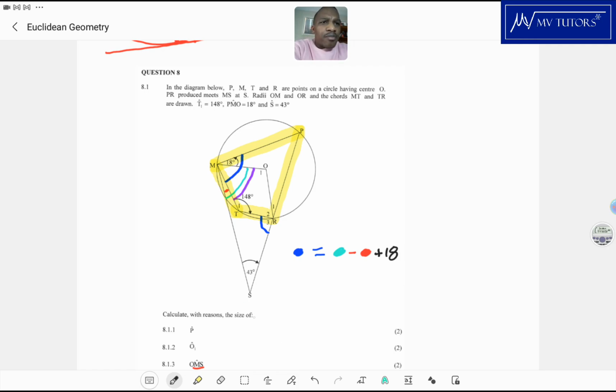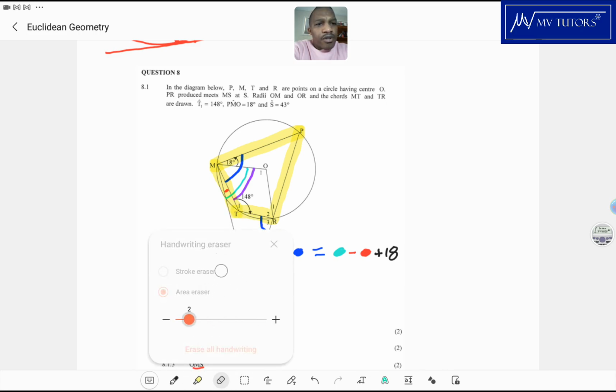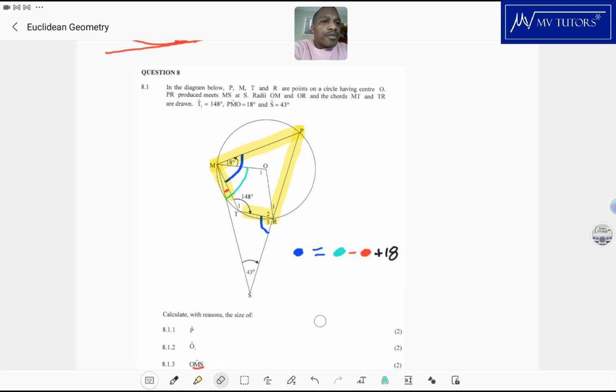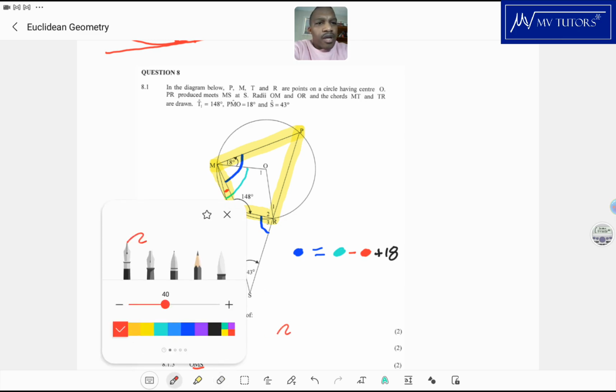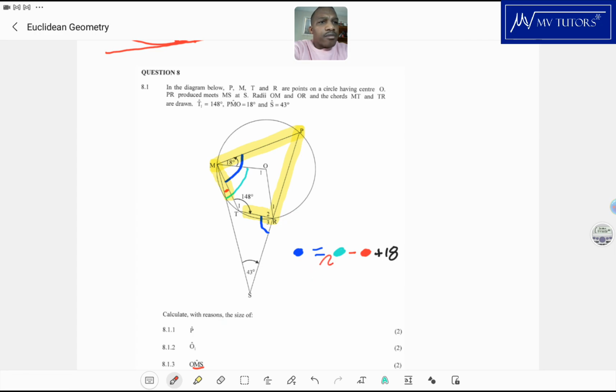Purple is confusing you guys, so let's just work with green. Actually, let me delete purple, because I can see it's going to cause a problem. It's already confusing me because I really don't need it. So we're saying blue is equal to green minus red plus 18.